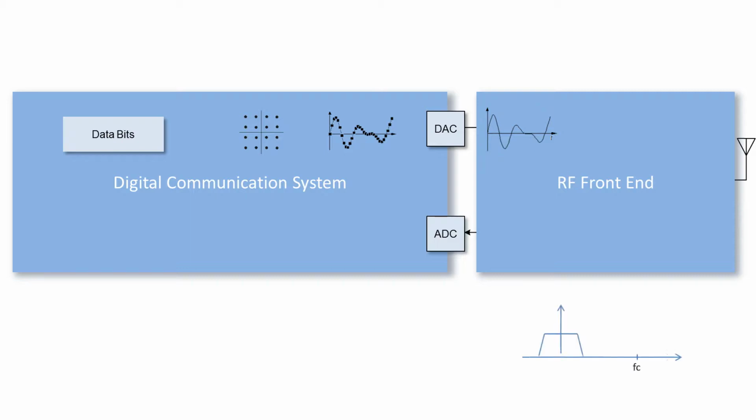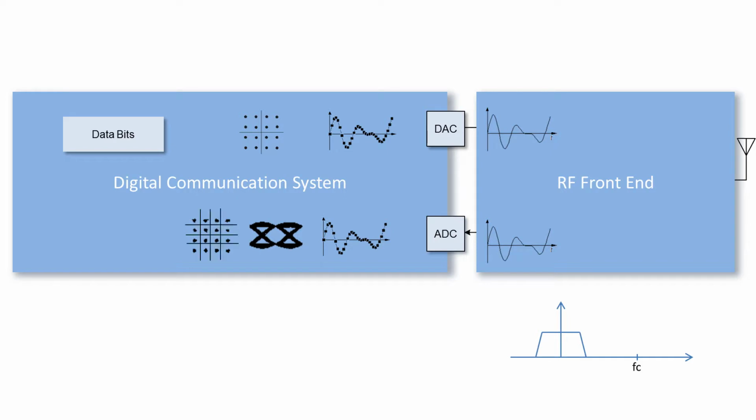The RF front end is responsible for taking this baseband analog signal to a desired carrier frequency band. On the receiver side, the RF front end takes the signal back to baseband. The baseband signal is converted to an array of digital samples using ADCs. Symbol timing offset and carrier offsets are removed, and we get a clean constellation that can be sliced up to get the original data bits back.